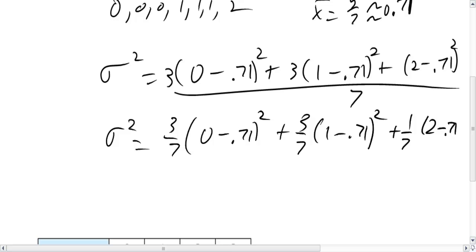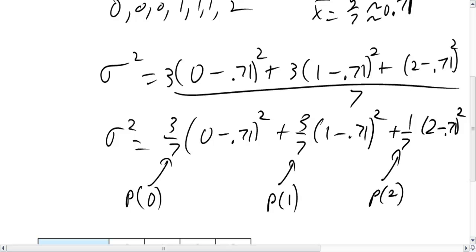Do you see that what we're really getting here is little probabilities? That right there is the probability of us getting a 0. This is the probability of us getting a 1. And this is the probability of us getting a 2.